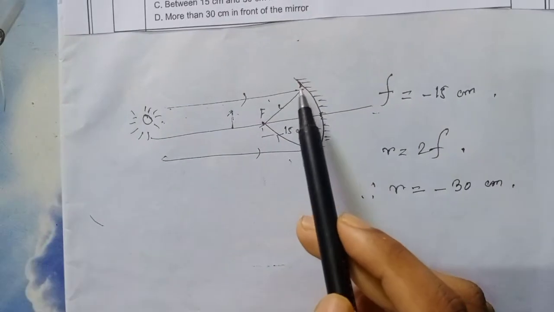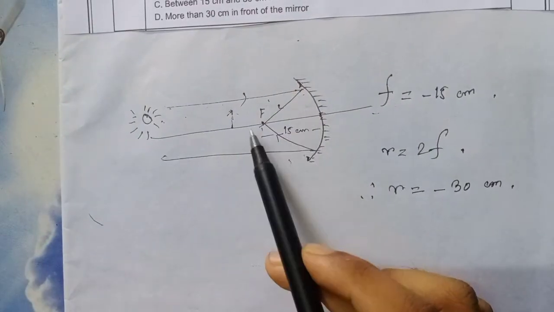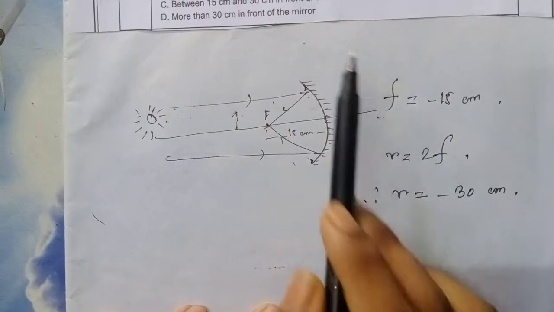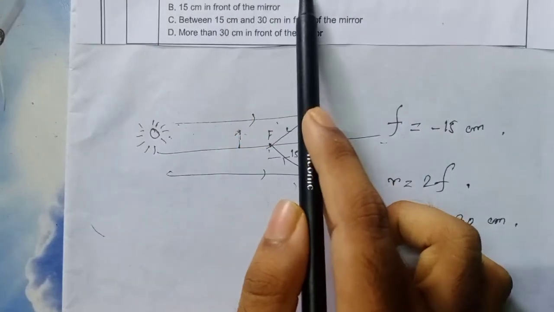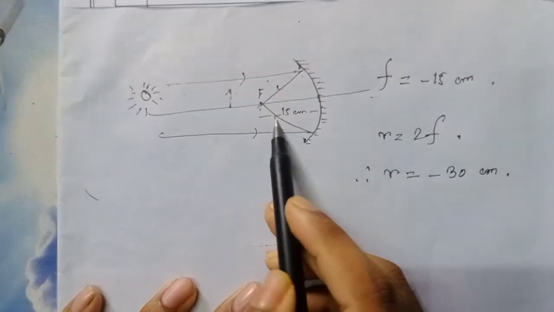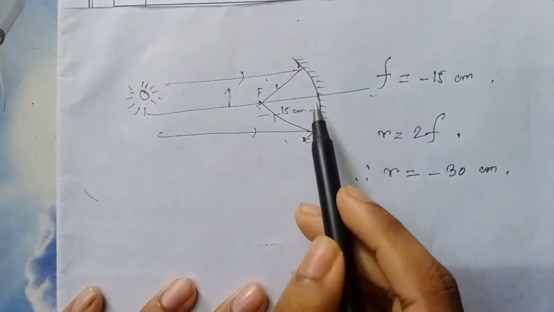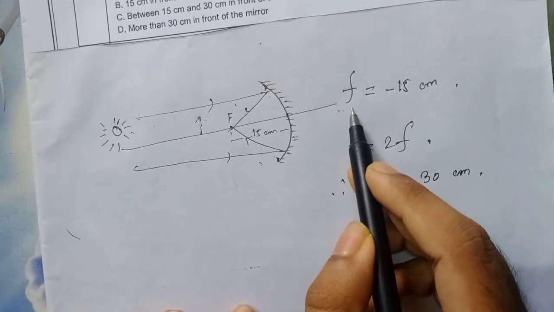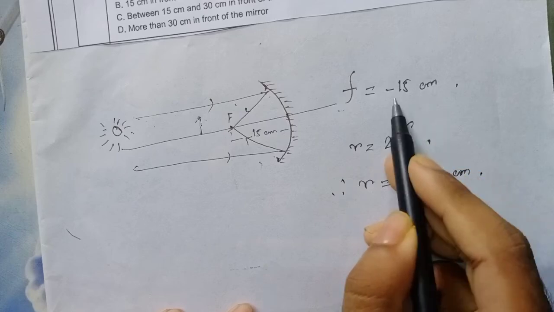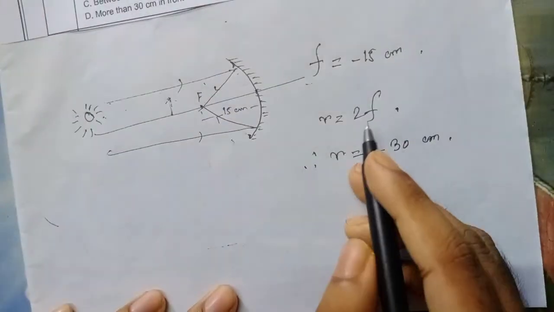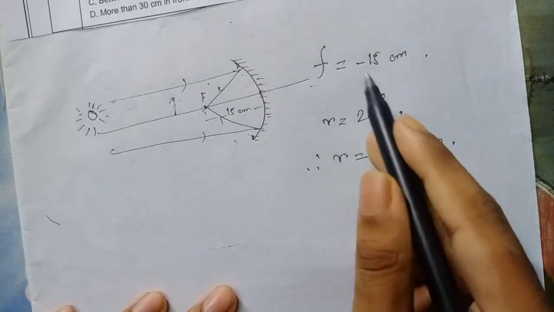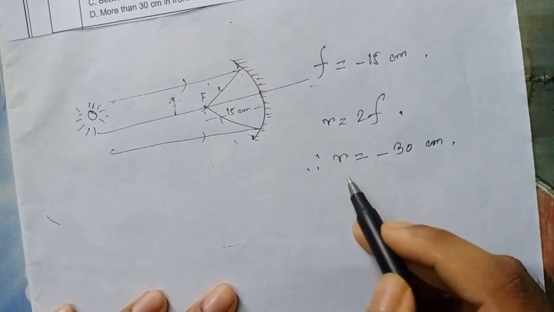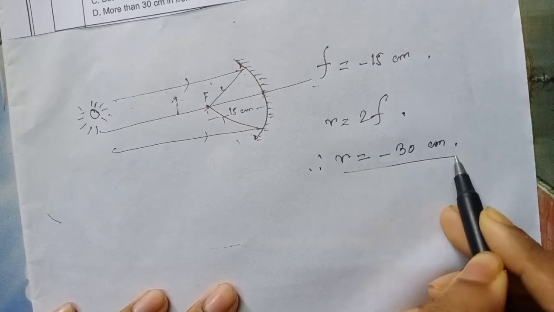So after getting reflected, they will converge at the focus. Now it is said that it is converged at a point 15 centimeter in front of the concave mirror, this is the pole, so the focal length must be -15 centimeter. Now we know that r is equal to 2f, where r is the radius of curvature. So here putting f is equal to -15 centimeter, you get r is equal to -30 centimeter.